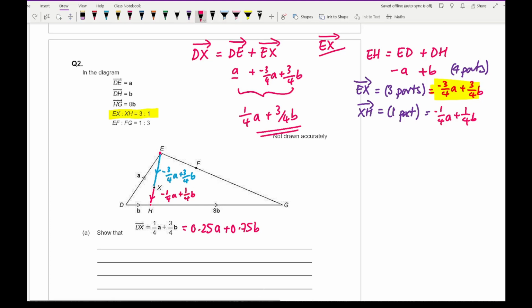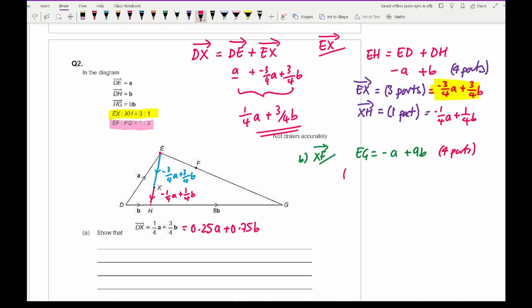Now to work out X to F, what I need to do is work out what E to G is. So E to G is going to be minus A going against the arrow, plus 9B. Now using this 4 ratio, I know that E to G represents 4 parts.